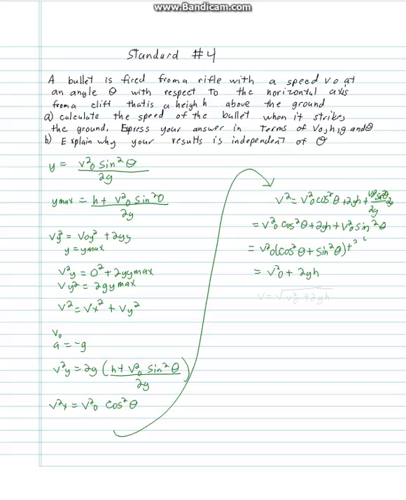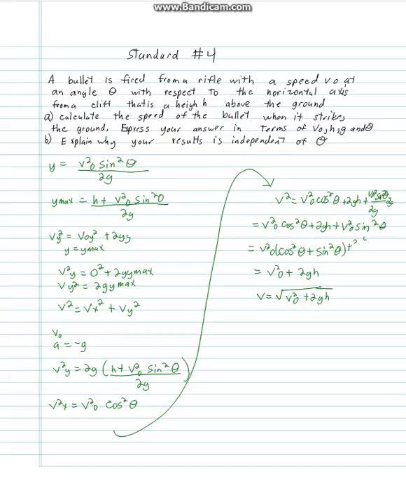Now since this problem wanted us to supply our answer in terms of the given values, not solve numerically, based on this final equation, the speed of the bullet as it strikes the ground, you would use this equation: v equals the square root of v0 squared plus 2gh.